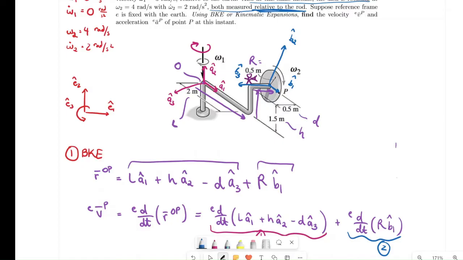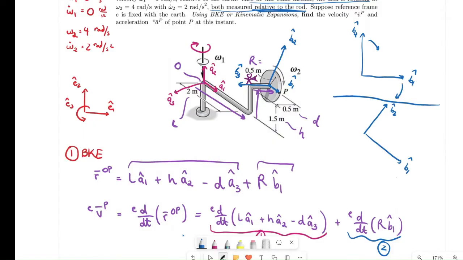So what I see then is that over time, this b1 hat and b2 hat, like this is me looking at the disk face on, they're going to be rotating, right? Because the disk is rotating relative to the rod, and if I'm standing on the rod, I see the disk rotating. So at some time, maybe I will see it being like this: B1 hat, B2 hat.